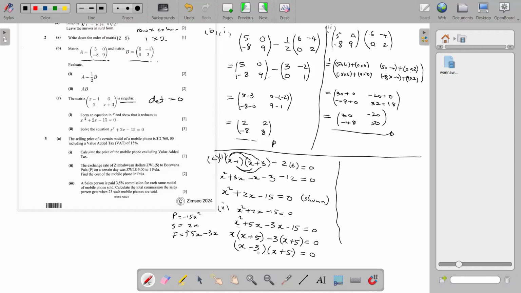Take note, it was possible to write these factors straight away, since it is easy especially when the coefficient of x squared is 1. So we equate each factor to 0: x minus 3 equal to 0 or x plus 5 equal to 0. Then you transpose, therefore x is either equal to 3 or x is equal to negative 5. The question required you to solve for x.